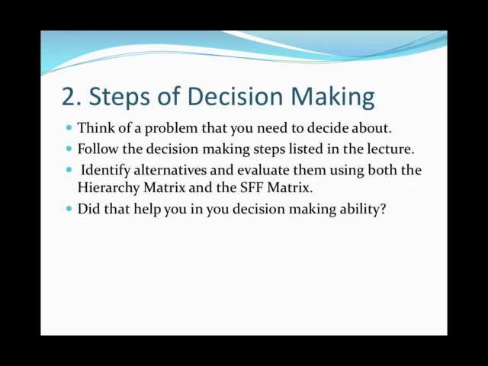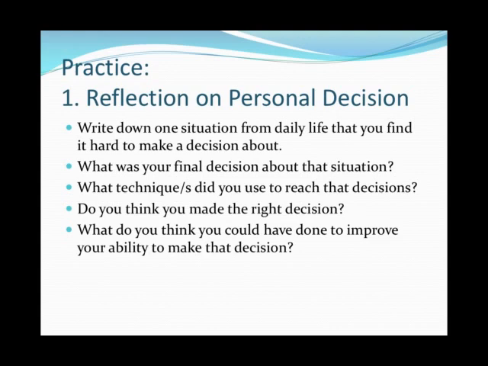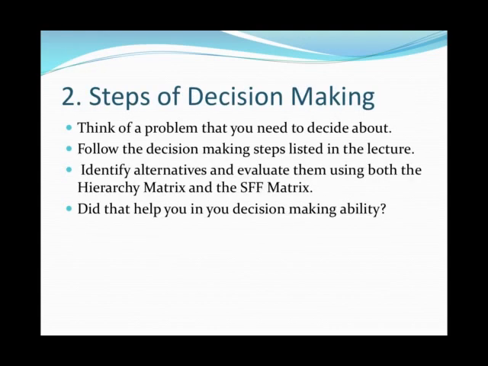So this is a past decision. I want you to reflect on a decision that you've made. The next thing is I want you to think of a problem that you need to decide about in the future, whether that's about a car, about marriage, about staying in Jordan versus moving out of Jordan once you graduate, or what type of doctor you want to become.